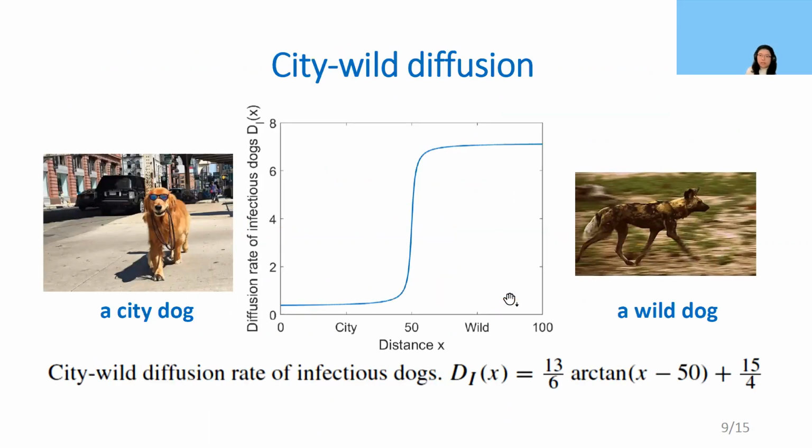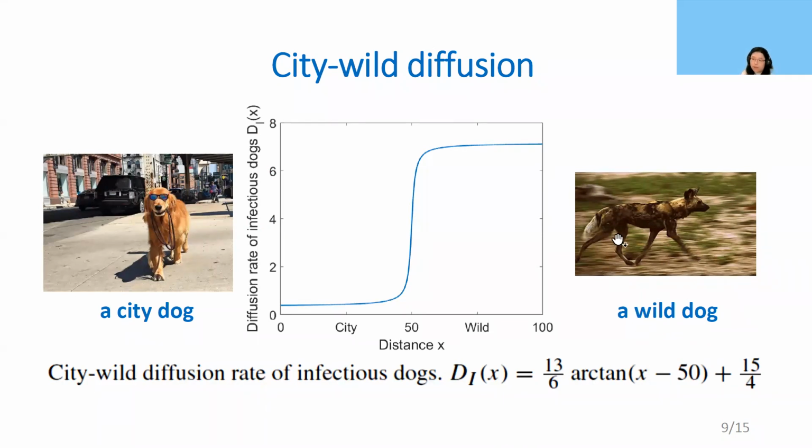For the citywide scenario, we use such a function to approximate the citywide diffusion rate, because in the city region there are a lot of traffic and buildings, but the wild region is relatively large and open.